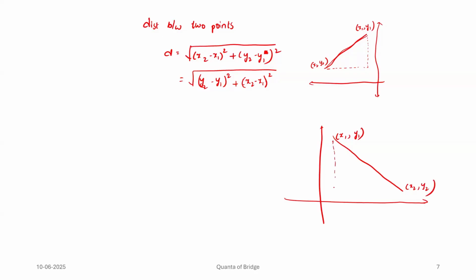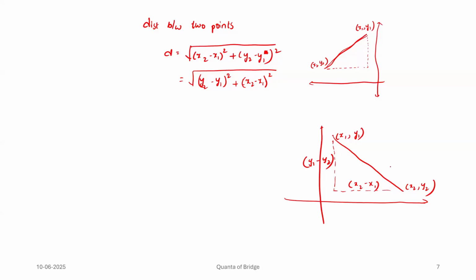This is y and this is x. This x difference is written as x2 minus x1. And similarly, this y difference is written as y1 minus y2. Are you getting what I mean to say?